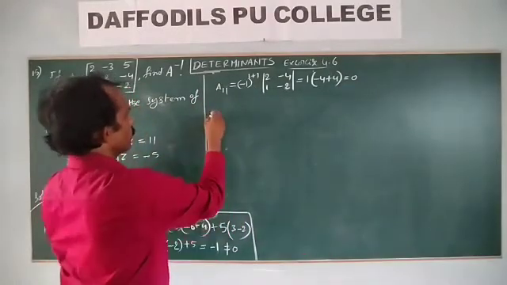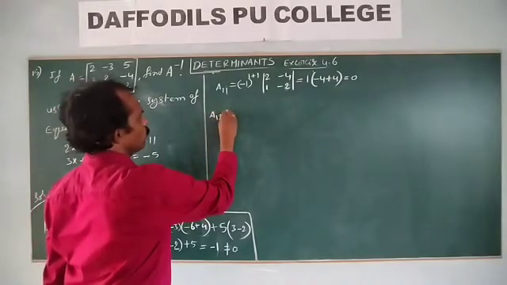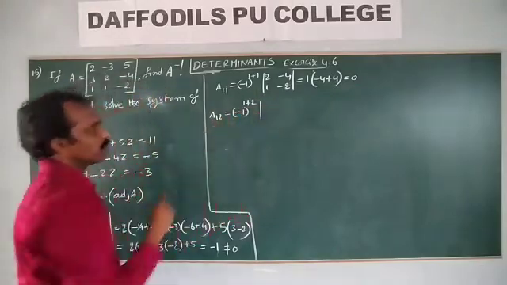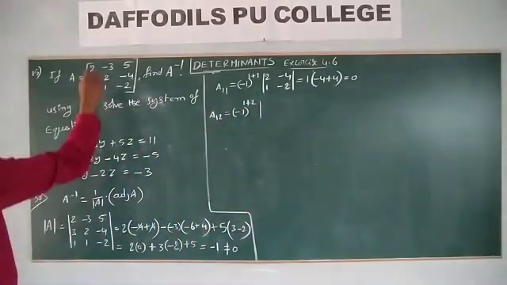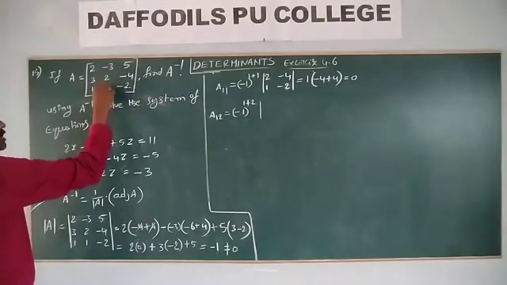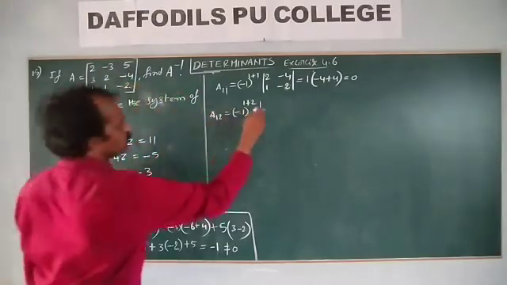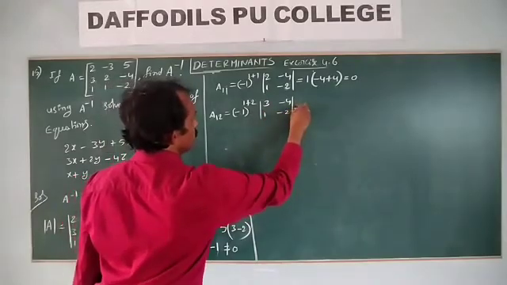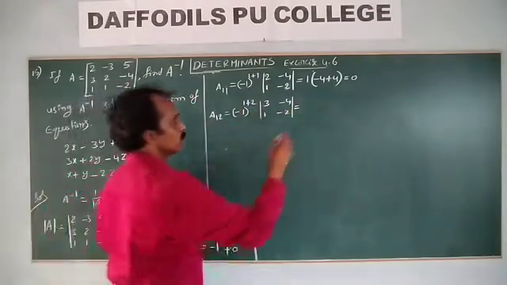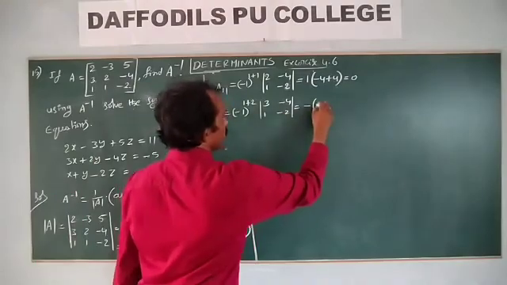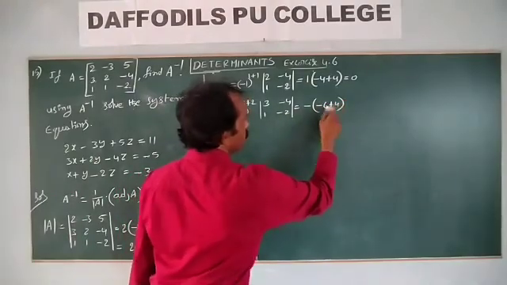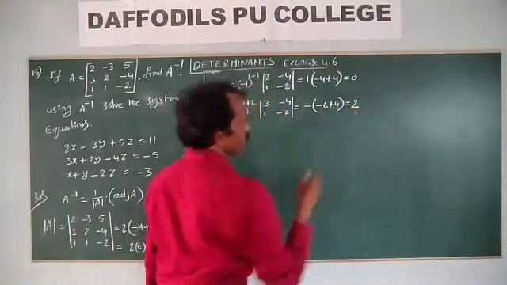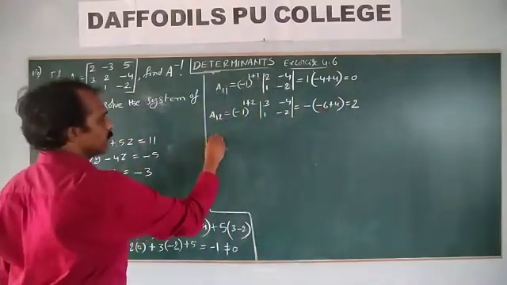Next, A12 is equal to minus 1 to the power of 1 plus 2 times its minor. Deleting this row and this column, the minor is 3 minus 4, 1 minus 2. This equals minus 1 to the power of 1 plus 2 times minus 6 plus 4, which is minus 2, so minus into minus gives plus 2.